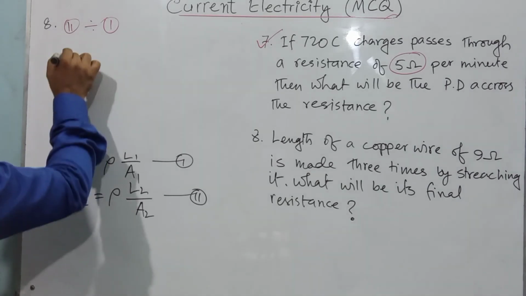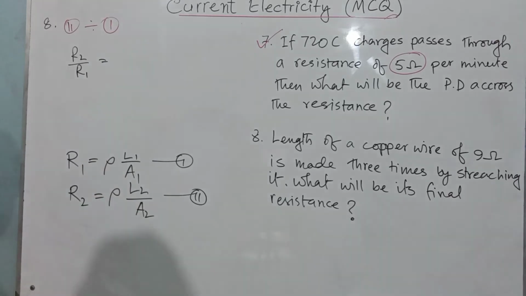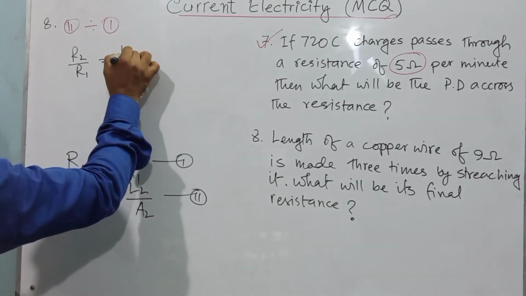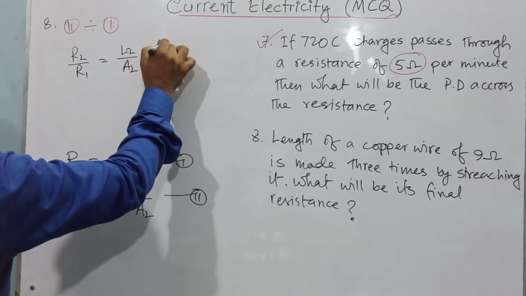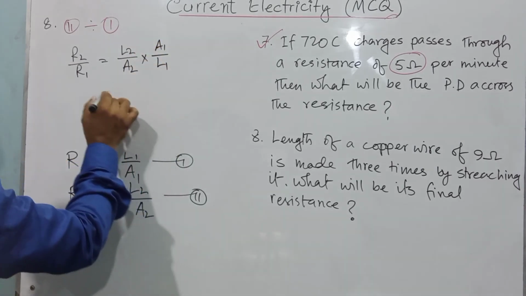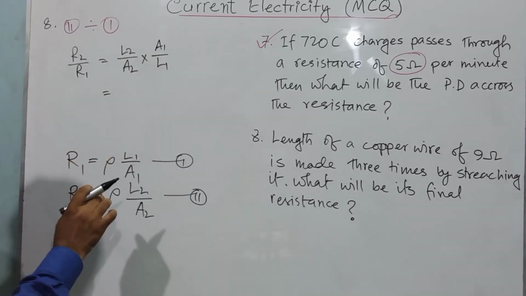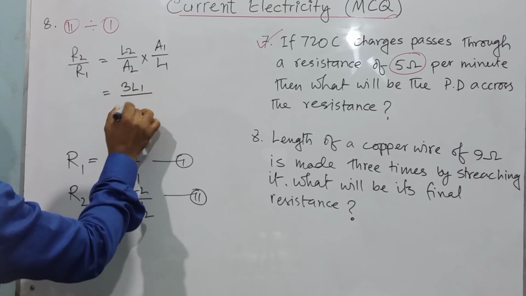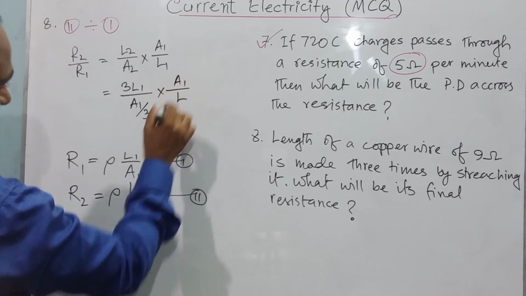So we will get R2 by R1 is equal to rho, that means the specific resistance from both expressions, will be cancelled out. We will get L2 by A2 multiplied by A1 by L1, and after using the values, L2 means 3 L1 and A2 means A1 by 3, multiplied by A1 by L1.